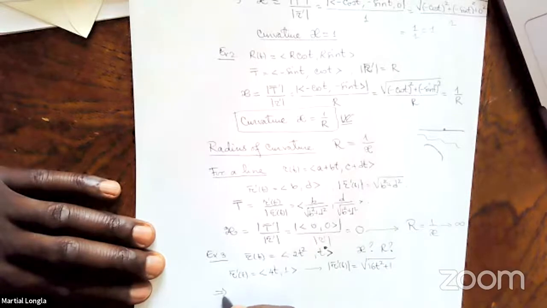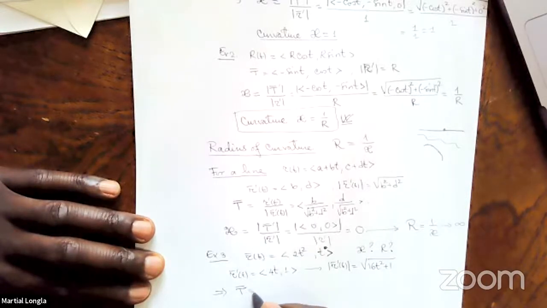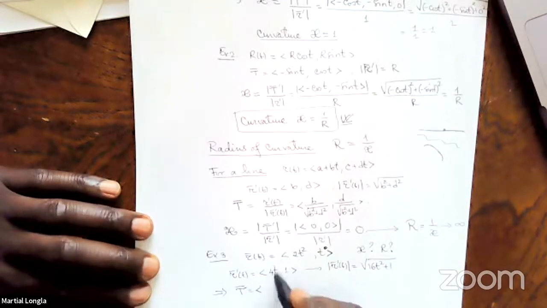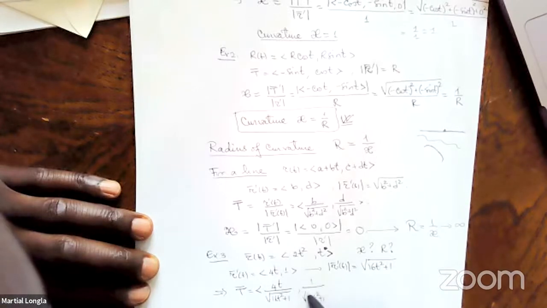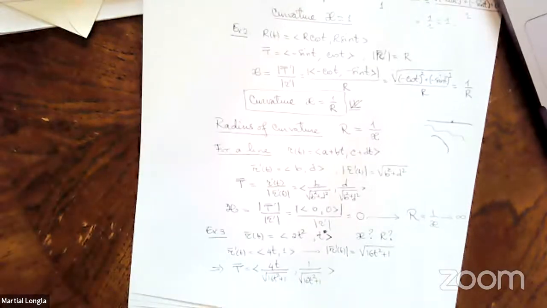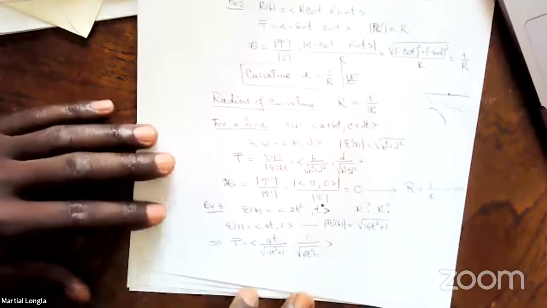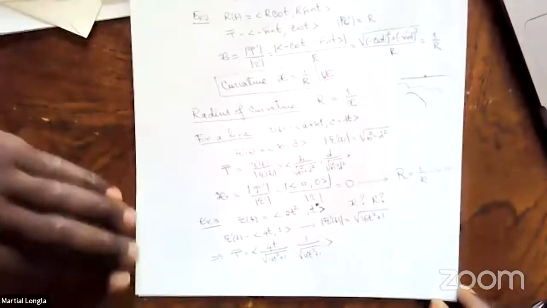And that implies that T is (4t over square root of 16t squared plus 1, 1 over square root of 16t squared plus 1). So that's the unit tangent vector. And now you'll begin to see how ugly those things can actually get when you try to compute them.